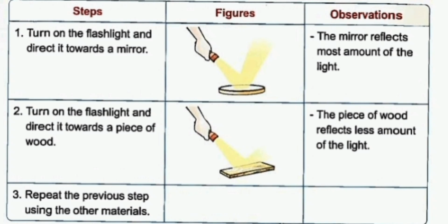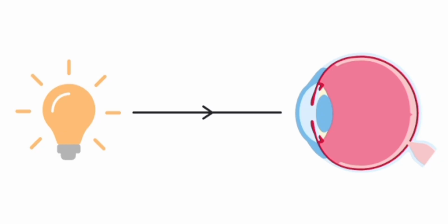But rough materials reflect a small amount of light, like a piece of wood, plastic, cloth, or paper.